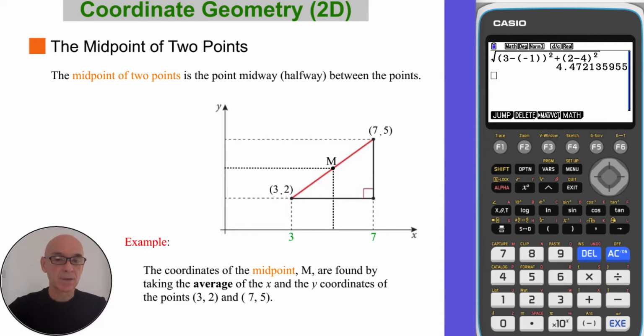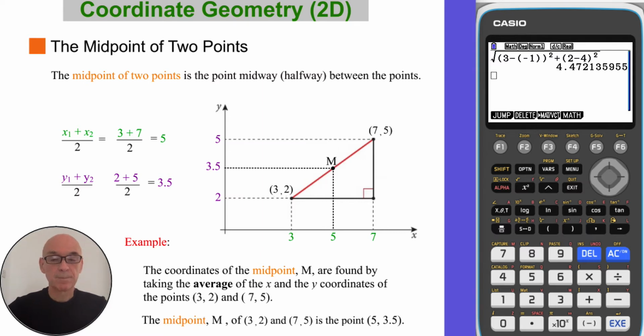If we first start by identifying the x-coordinates, that's 3 and 7, and finding their average by adding them up and dividing by 2, giving a value of 5. Repeating the process for the y-coordinates, identifying them as 2 and 5, and finding their average, in this case 3.5. So the midpoint M of the points given is the point 5, 3.5.